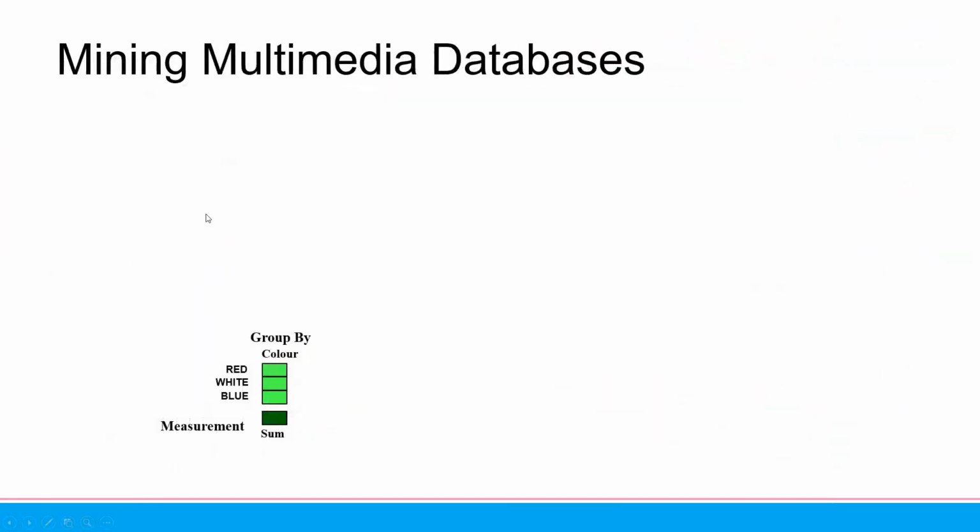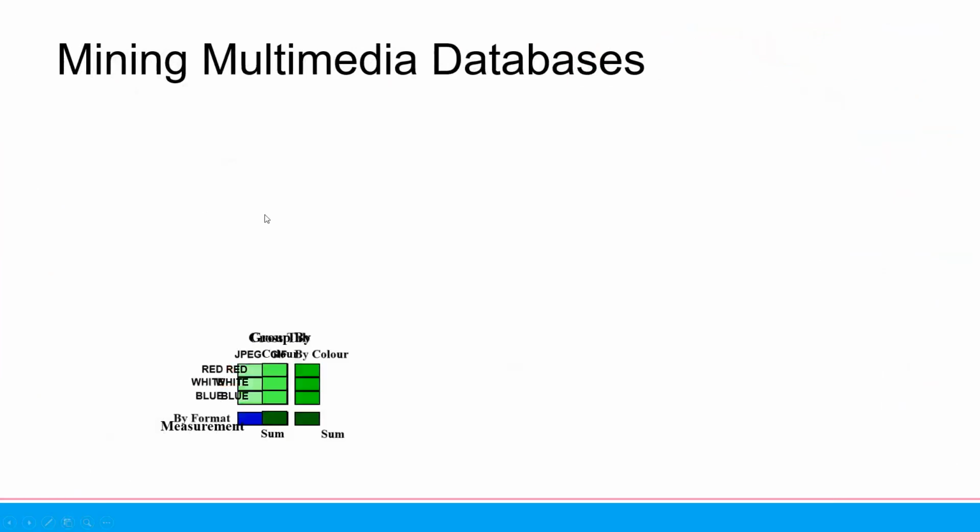Whenever we use the data cube, we can make a cube like this one. For example, for the starting point, I want to know how many of the figures contain red, how many contain more white, how many of the images contain blue.